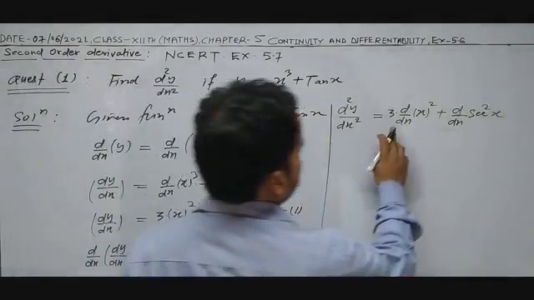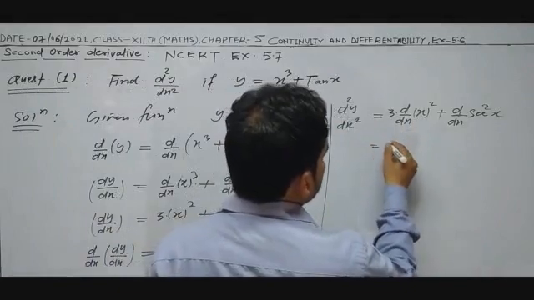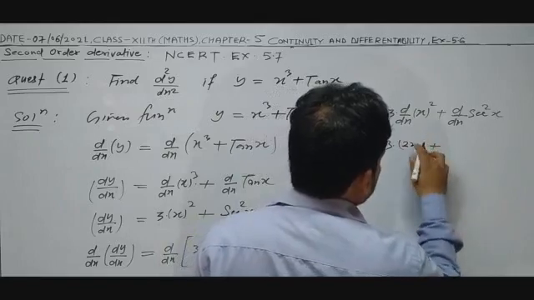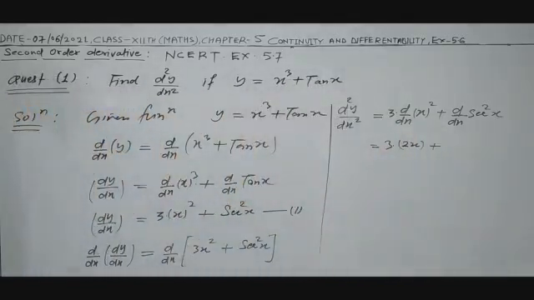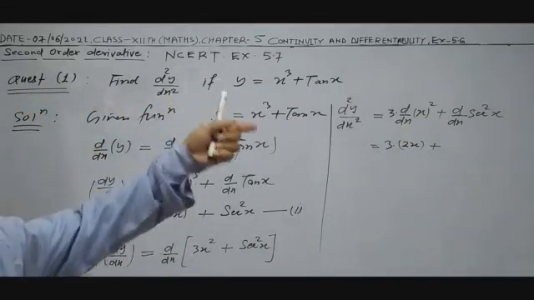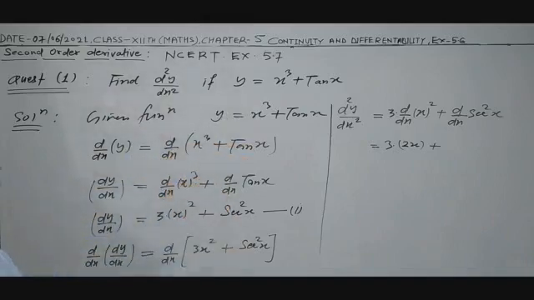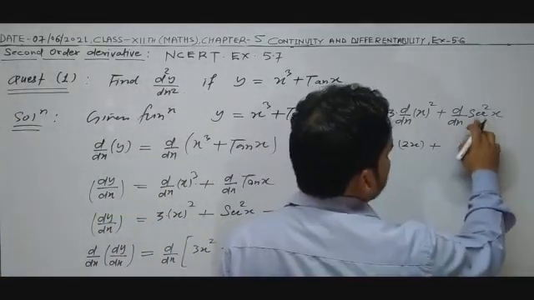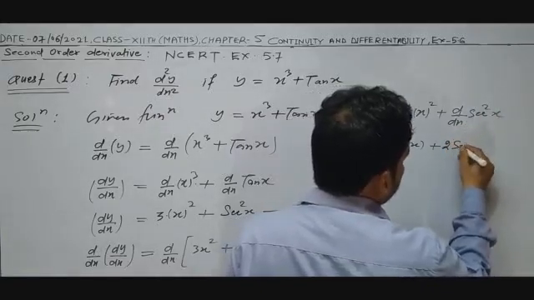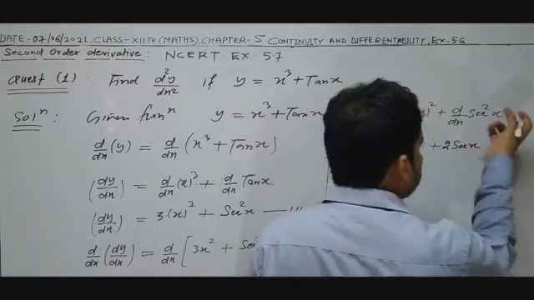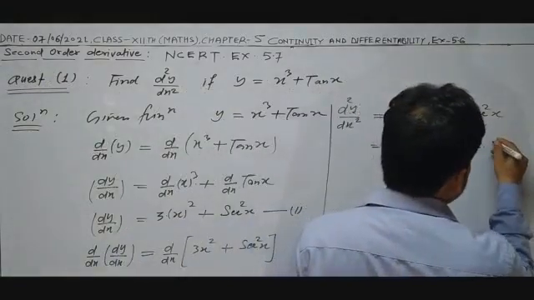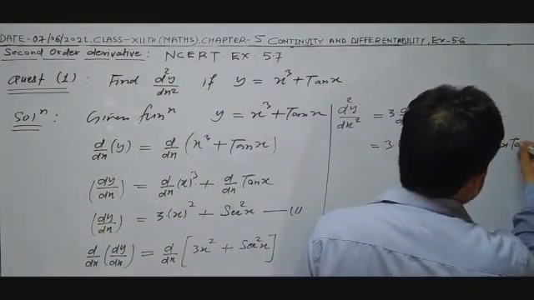When you differentiate with respect to x, 3 times x square differentiation gives 2x. Now when you differentiate sec square x, consider t square as with x square, where the result becomes 2x or 2t. Consider t equal to sec x, so the result can be written as 2 times sec x. Differentiating sec x again gives sec x into tan x.